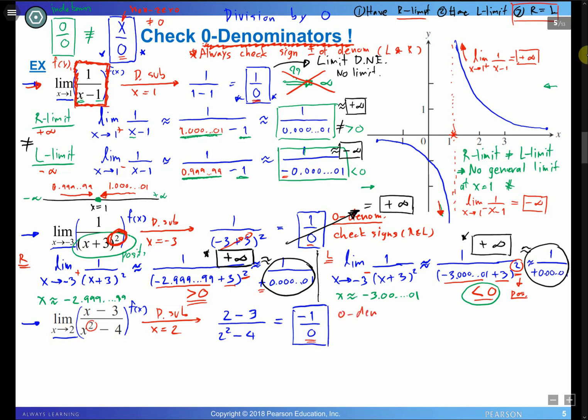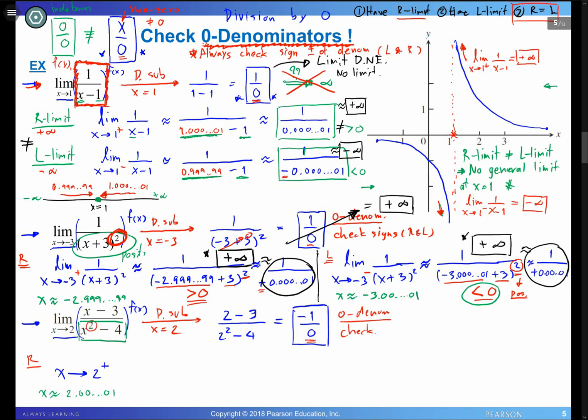Zero denominator again, and this means that we need to check on the right-hand limit and the left-hand limit. What about we just check the denominator? I'm going to check the signs of this. I'm going to start with the right-hand side. When x approaches 2 from the positive side, this means that x is going to be around 2.0001, a little bit larger than 2.